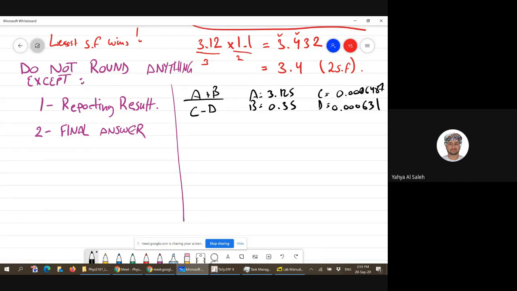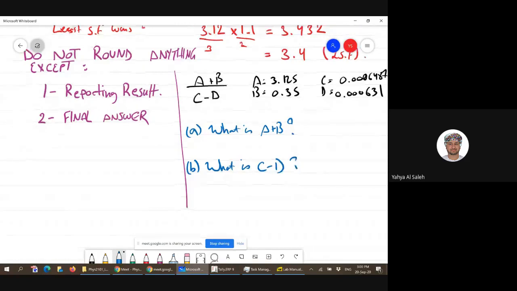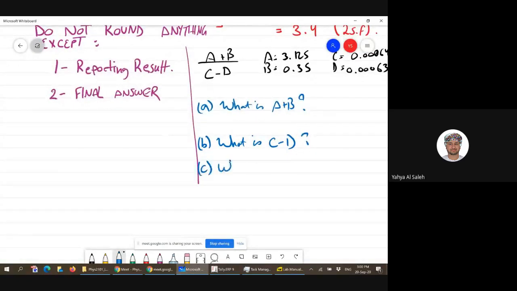And I'm going to write the questions very, very clearly. A, what is A plus B? B, what is C minus D? And C, what is A plus B divided by C minus D?